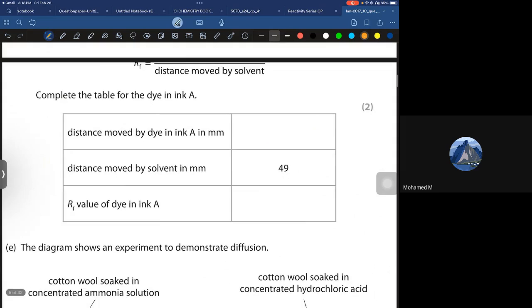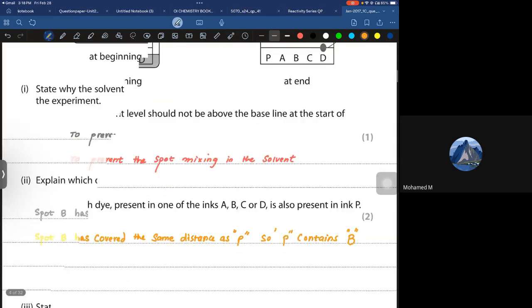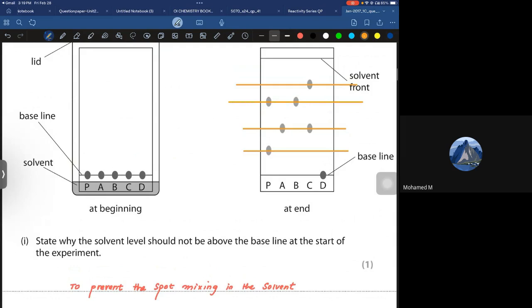Now complete the table for the dye. For the dye in ink A, the distance moved by the dye in ink A in millimeters.